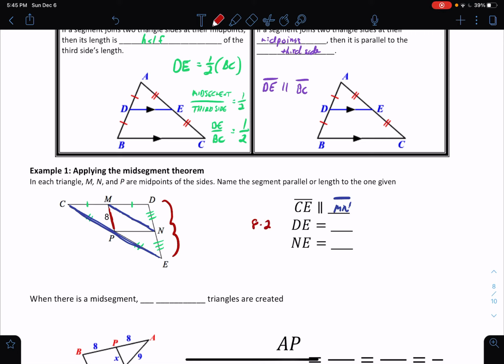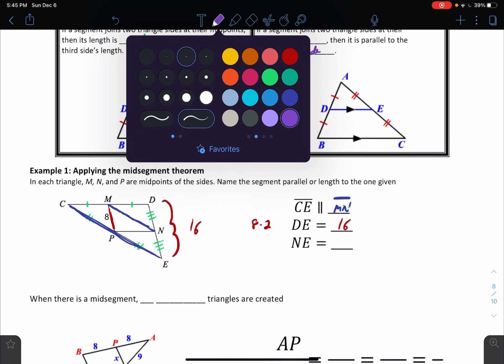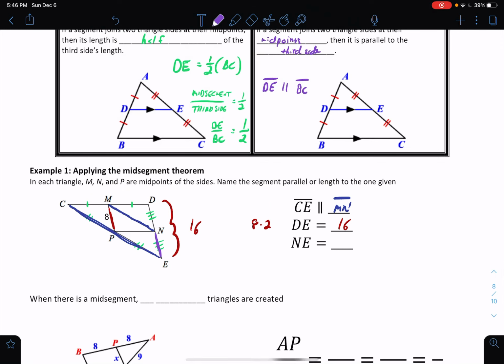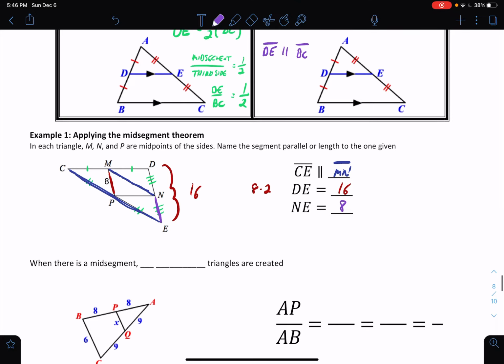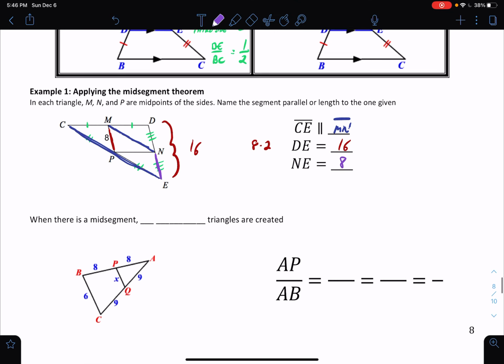So 8 times 2, DE is going to equal 16, making NE, this part right here, half of 16. It's going to be half of 16 because N is a midpoint, so it's going to break that 16 into 2 equal parts.